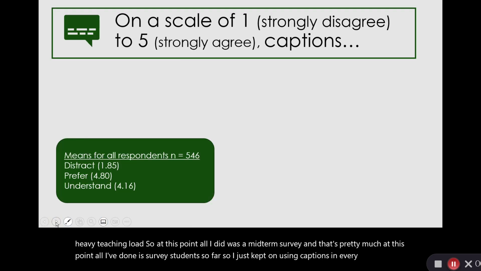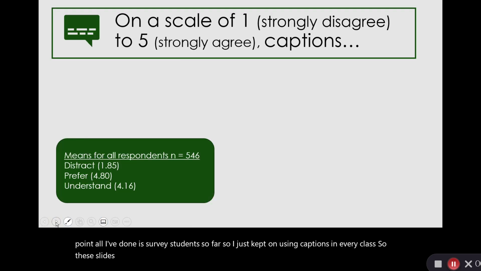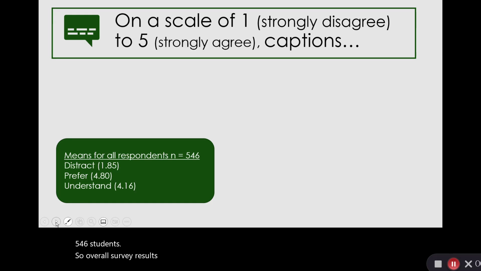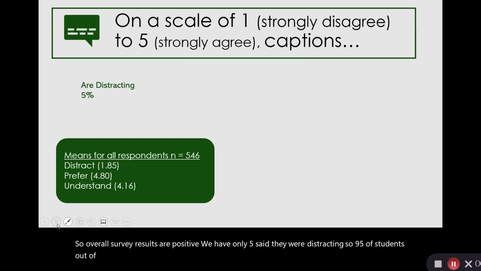So these slides are spring 2022 and fall 2022 combined for a total of 546 students. So overall, survey results are positive. Only 5% said they were distracting, so 95% of the 546 students said they were not distracting.